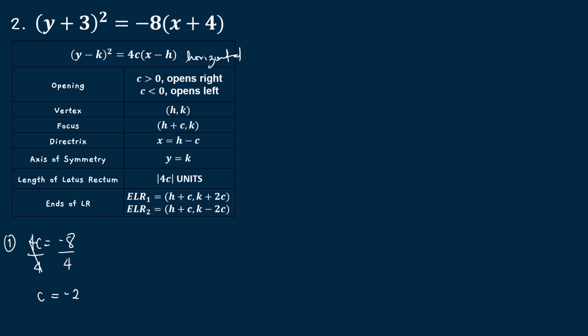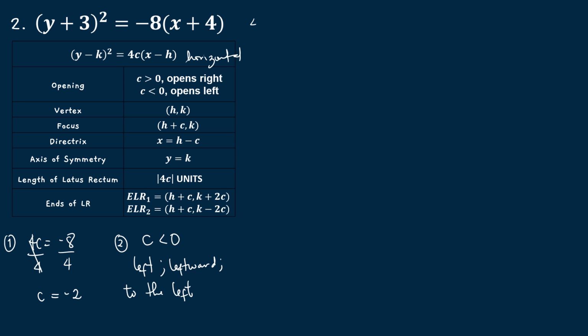C is equal to negative 2. C is less than 0 because it's negative. So the opening becomes leftward, or we can say to the left. Either of the three, we can use that.